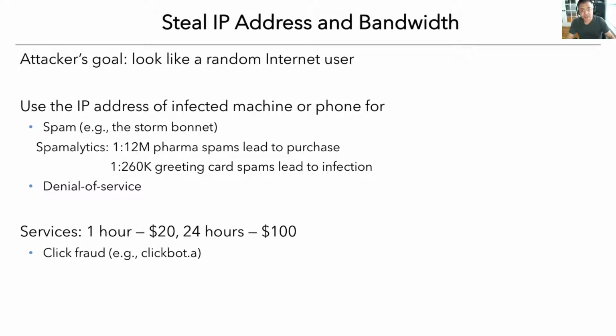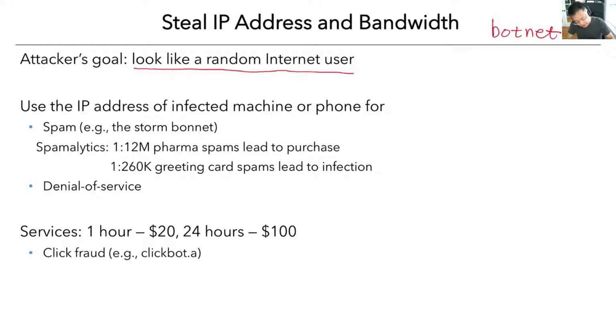Okay, with a compromised computer, the attacker can steal IP addresses and bandwidth. When you steal IP addresses and bandwidth, normally you are creating a botnet. The attacker's goal is to look like a random internet user.